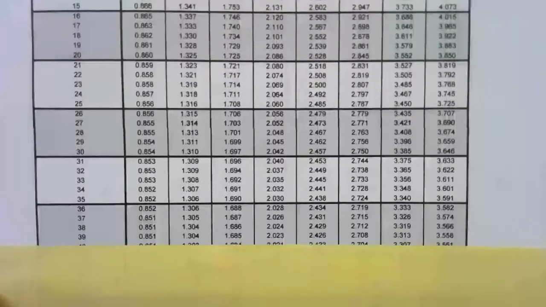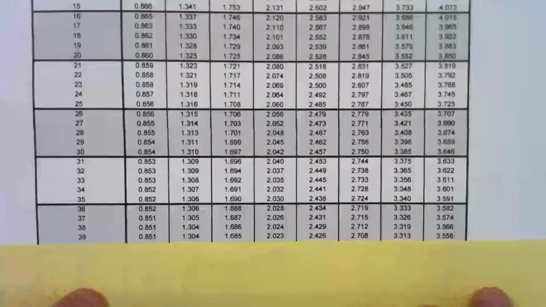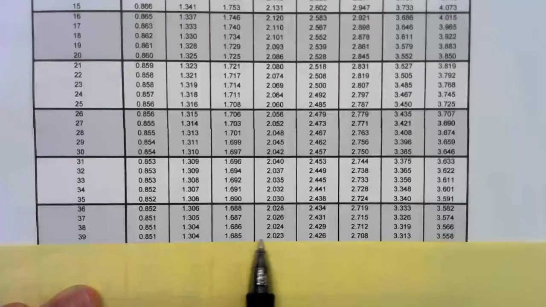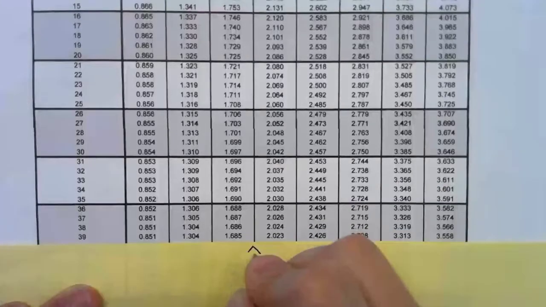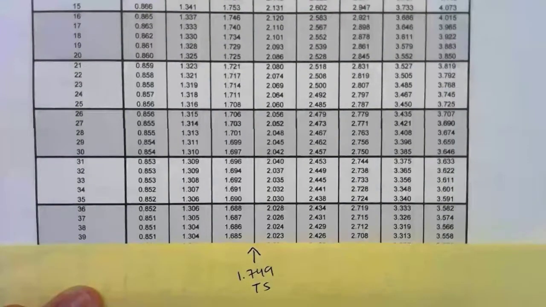At 39 degrees of freedom, if you need to use a piece of paper to help guide you, please do so. We're looking for 1.749, so 1.6 and then to 2. So we know our test statistic is going to fall between these two values.